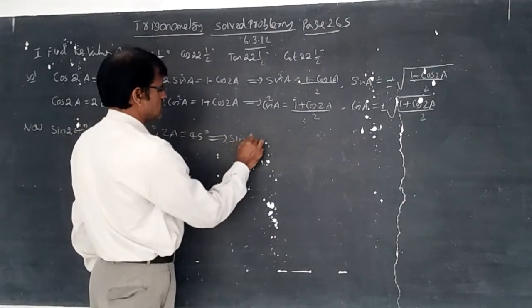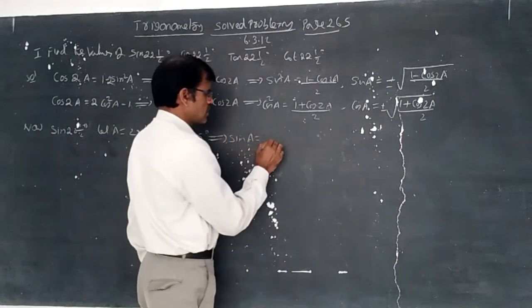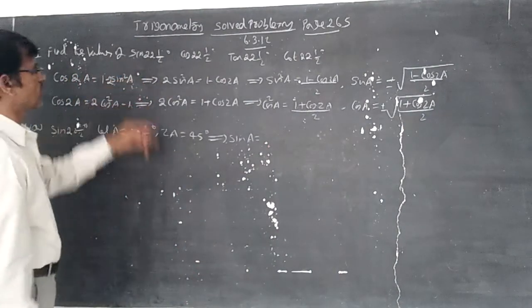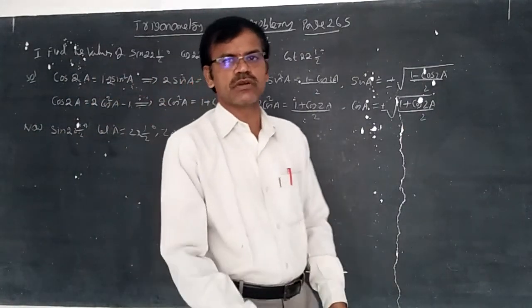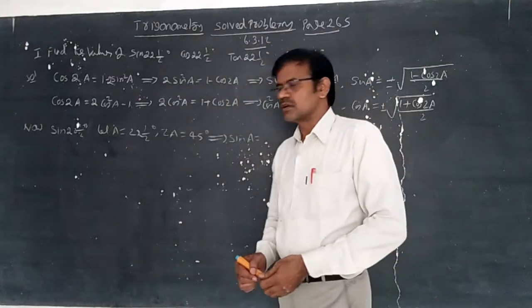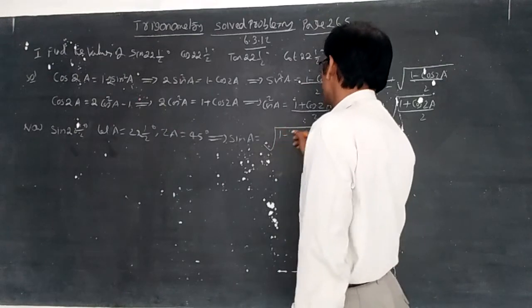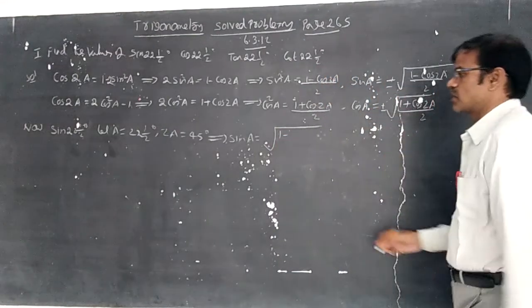That implies sin a is equal to plus or minus. Of course, there is no question of minus because 22 and half is in the first quadrant, 0 less than a less than 90. So directly plus you can write, square root of 1 minus cos 2a by 2.